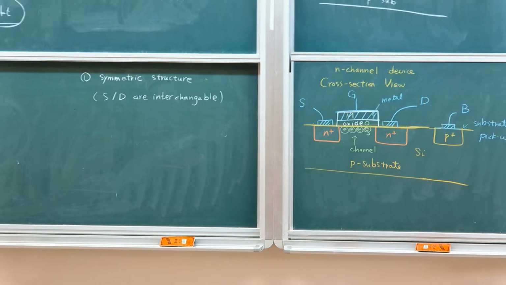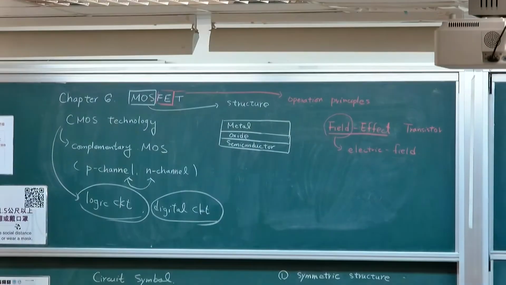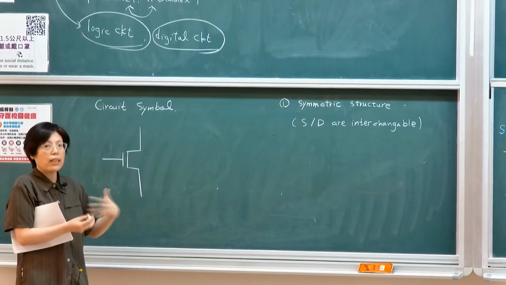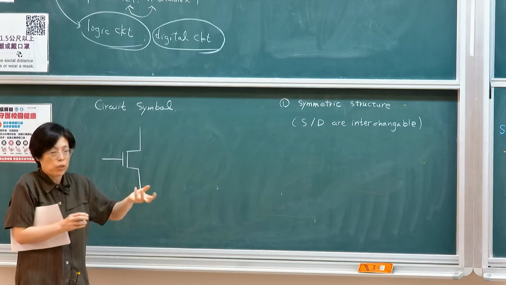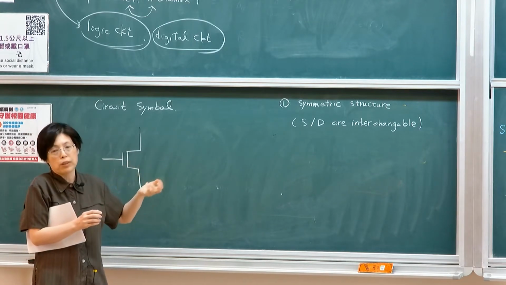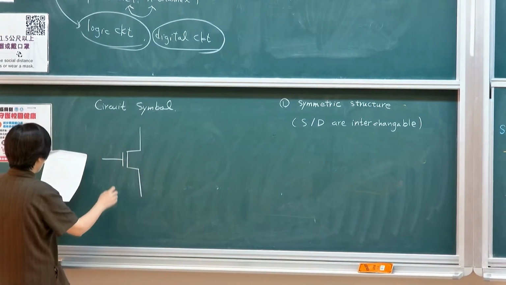If you're passing it, this side can be source at one time, this side can be source at another time. But in most cases, source and drain are defined by the biasing condition of your circuit. So it doesn't really matter which side you assign which, depending on when you apply your bias and where the current is flowing.